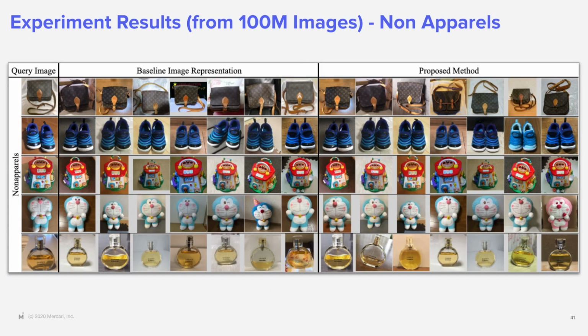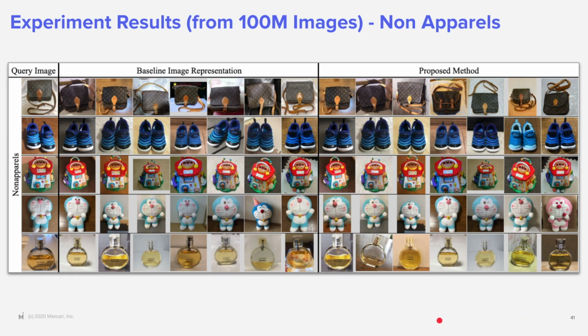In the marketplace, not only apparels, but also many other categories are there, like toys and bags. So it's important to show there is no negative impact by the feature transformation in non-apparel categories.